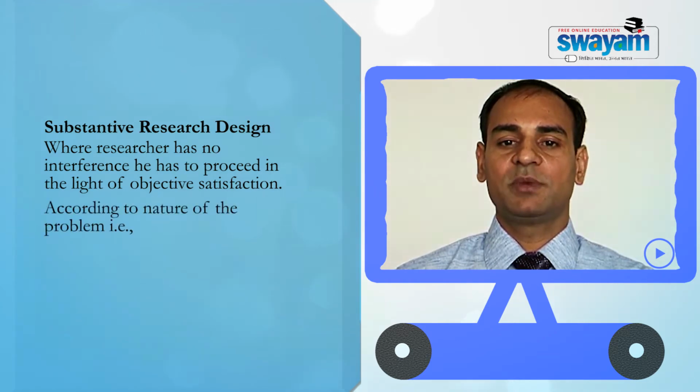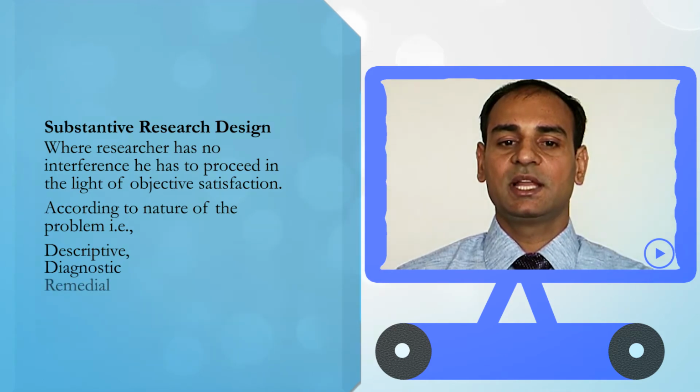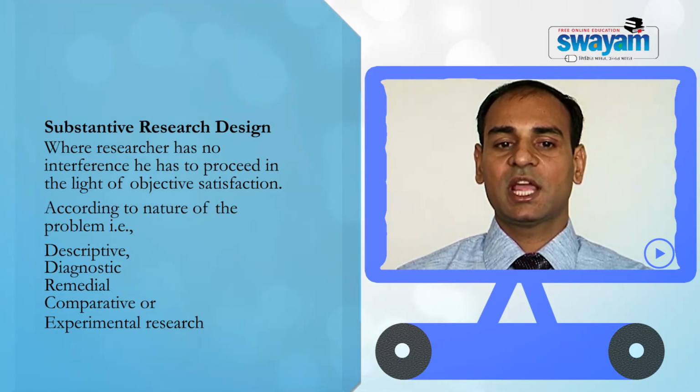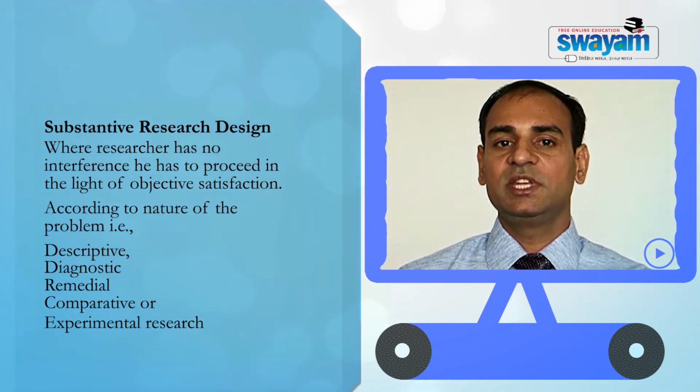According to the nature of the problem, the objective of research may be descriptive, diagnostic, remedial, comparative, experimental, etc. That means substantially the researcher has to design his research process with these objectives, to explore, to describe or diagnose or compare the facts or variables.